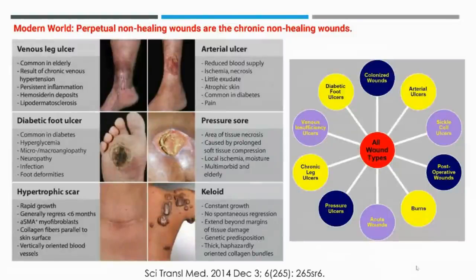And a very commonly seen non-healing wound, in both the US as well as the Indian clinical domain, is diabetic foot ulcers, because you have millions of people getting diagnosed with diabetes every year, and diabetic foot ulcer comes as a unique complication with time. So unmanaged or improper hyperglycemia is the fundamental reason behind it.